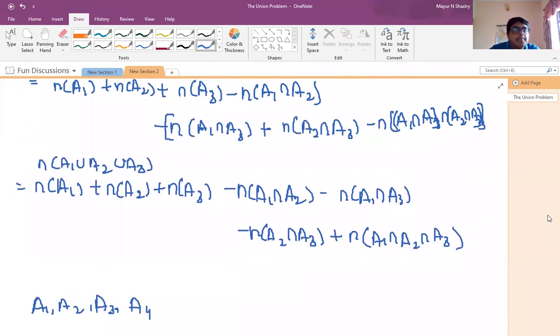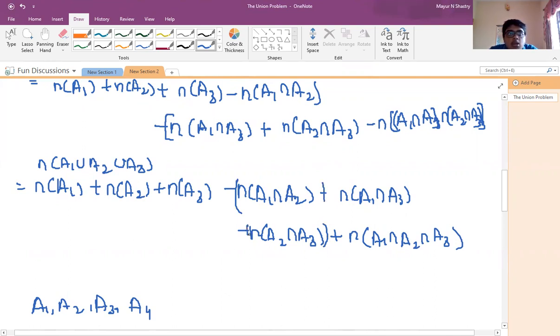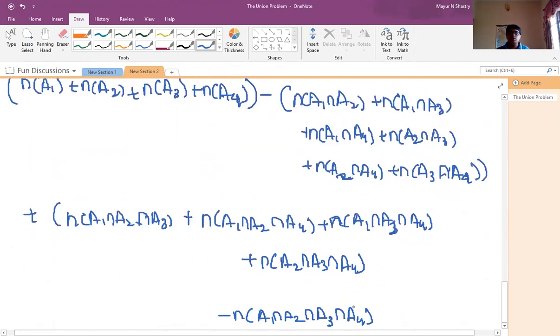Coming to this formula, I can put a minus common here. So here I have a plus term, minus term, and a plus term. Here I have taken one set at a time, here I have taken two sets at a time, and here I have taken three sets at a time. What about for 4?